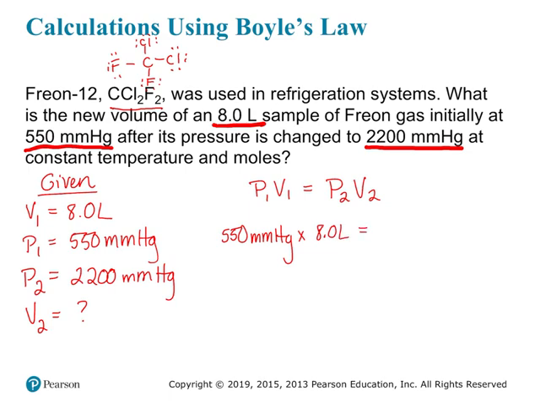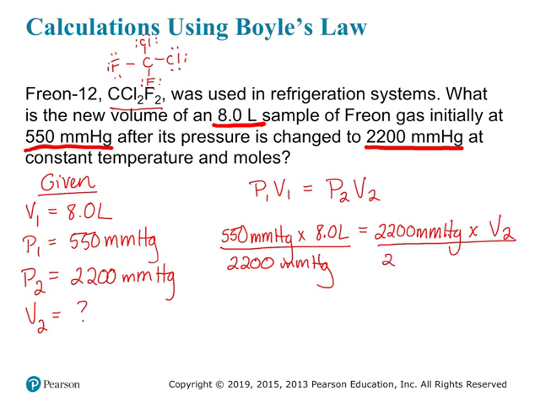And we'll set that equal to our new pressure times our unknown variable V2. Then we're going to make sure we isolate V2, so we need to divide both sides by 2,200 millimeters of mercury.